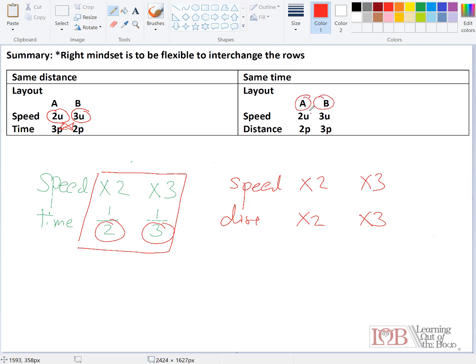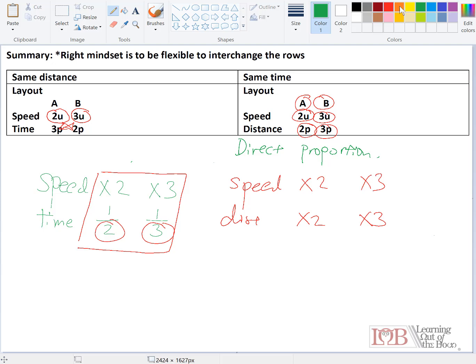So we have 2:3 ratio for speed. Distance wise will be 2:3 as well. So what you can take note is that this is a direct proportion, so meaning that if the top is 2:3, bottom will be 2:3 as well.